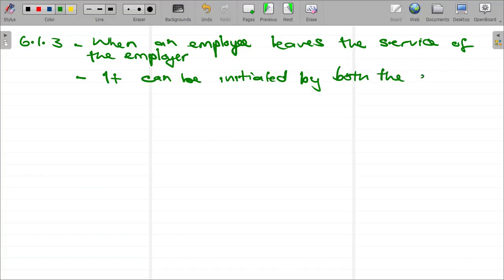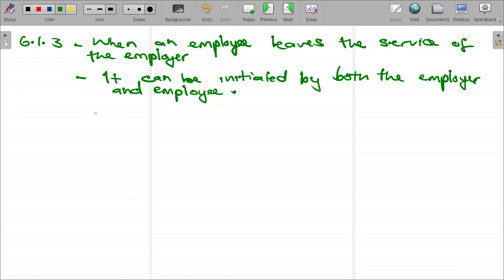The employer may decide to terminate the service of the employee, and that's what you call dismissal.